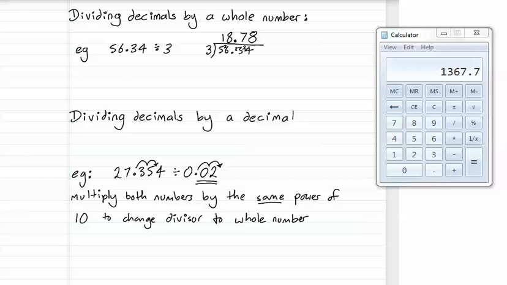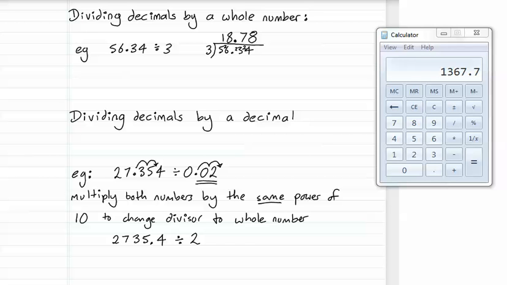And so the sum changes to 2735.4 divided by 2. Because I've multiplied both of them by 100, it doesn't change the meaning at all. You just think about it.